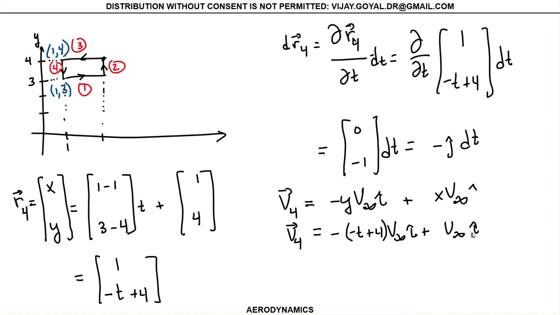This is actually j and j. So now what I want to do is I want to take the dot product of these two segments, okay? And the dot product between this and this will give you minus v infinite dt. Only j remains because I have a j here and a j there.